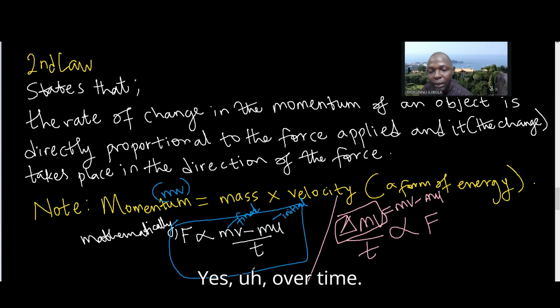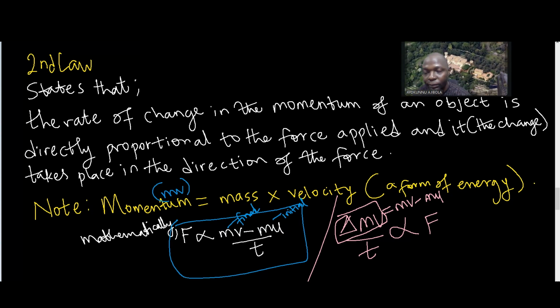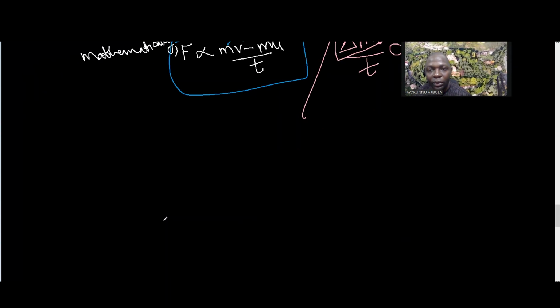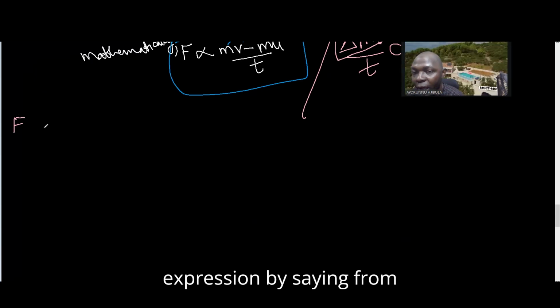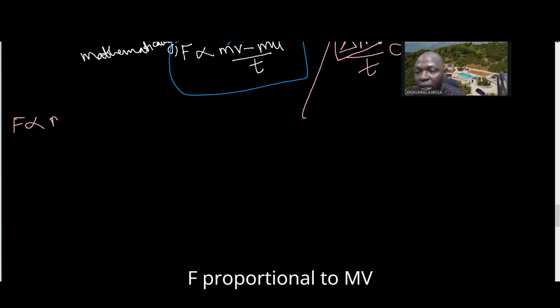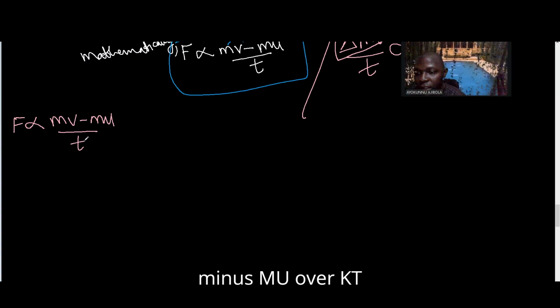Over time. Then we can factorize this expression, from F proportional to mv minus mu over t.